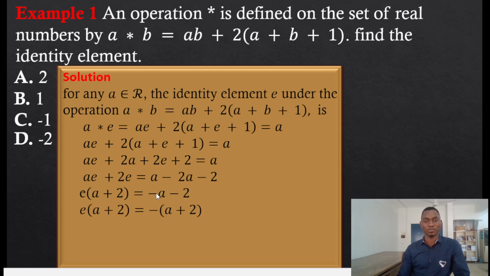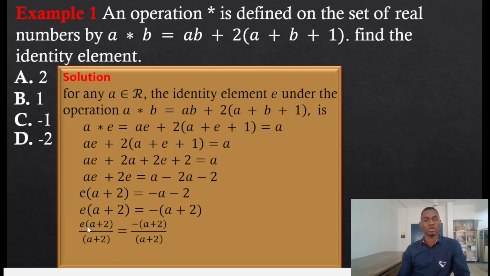Here we have minus A minus 2, so we can write minus open bracket A plus 2. It is still the same thing. It doesn't change anything. So at this juncture, we can now divide both sides by A plus 2.